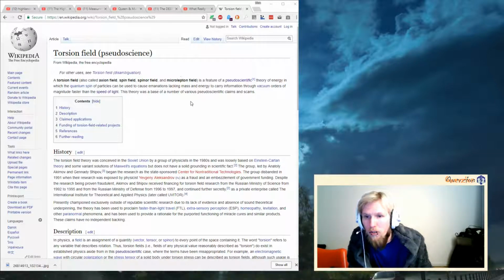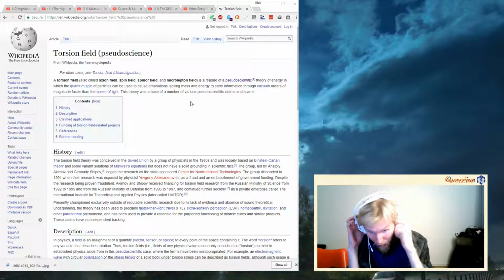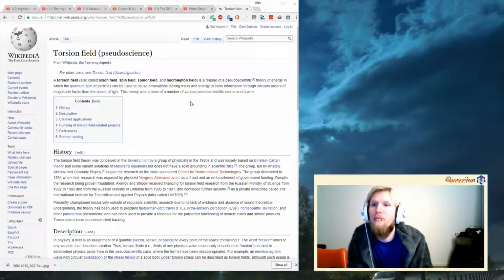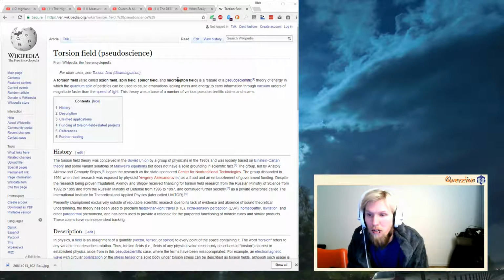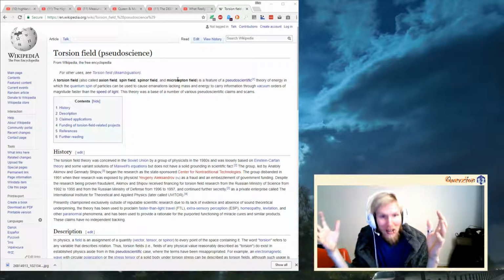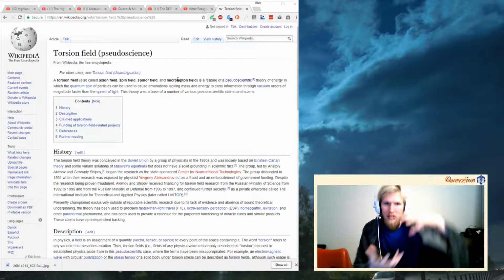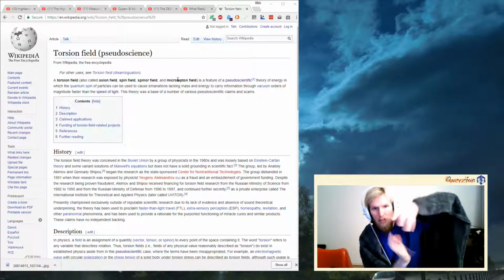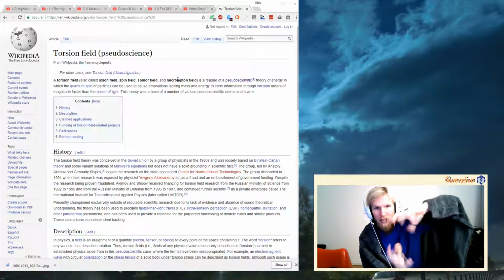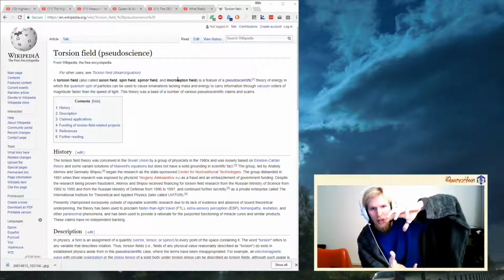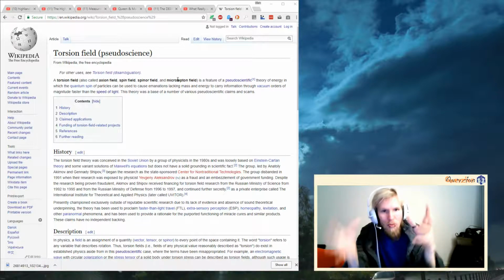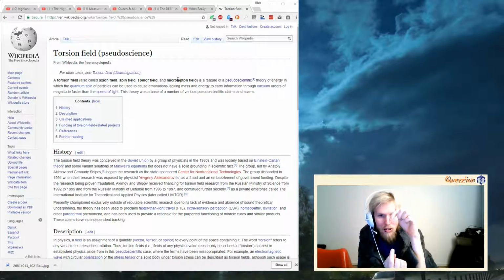Well, first off, a torsion field is a visual representation of a magnetic field, which is in 4D. It looks like it has two rotations, right? But it's one rotation, and it's going inside of itself. Think of an apple. You have the outer rim, and then you have the seed house in the middle.